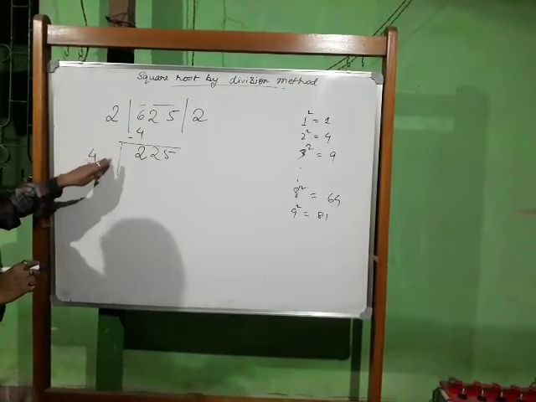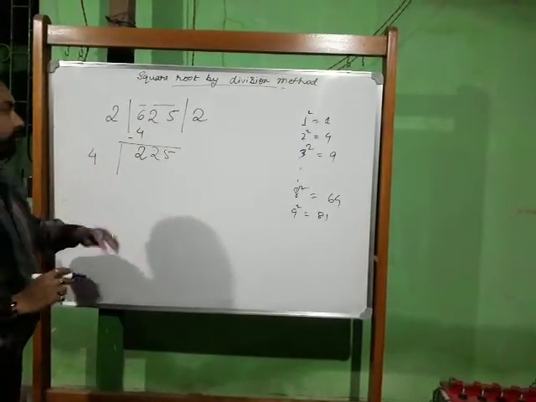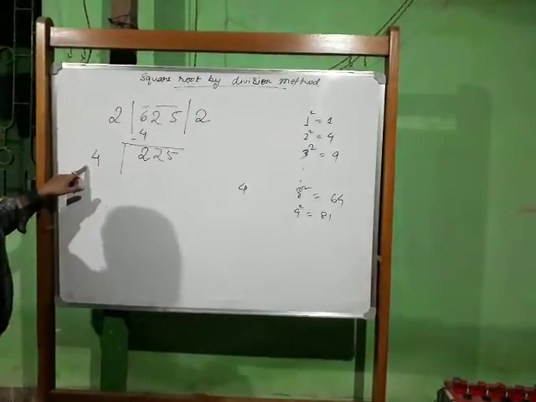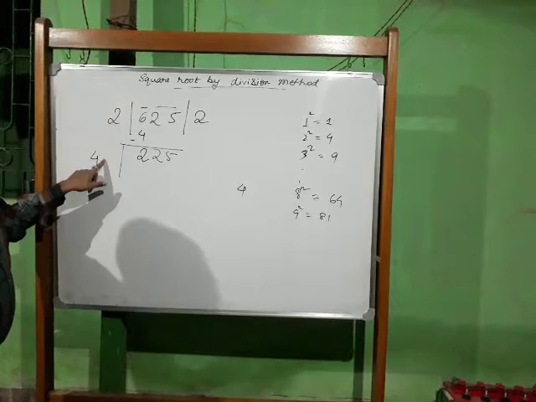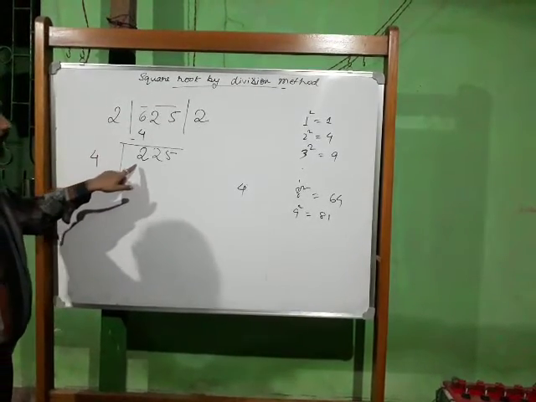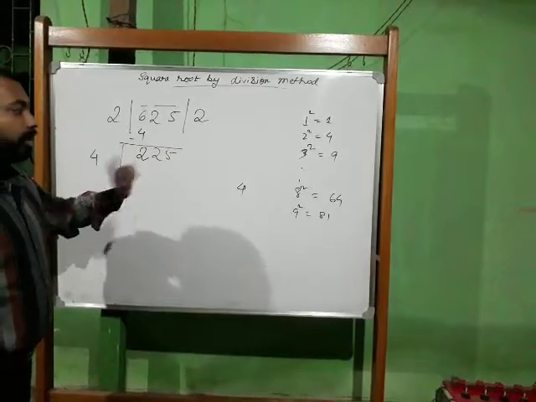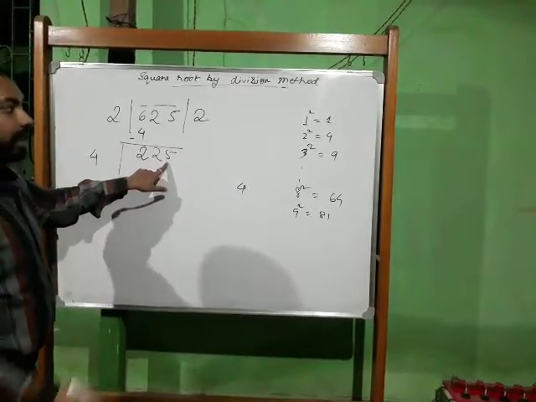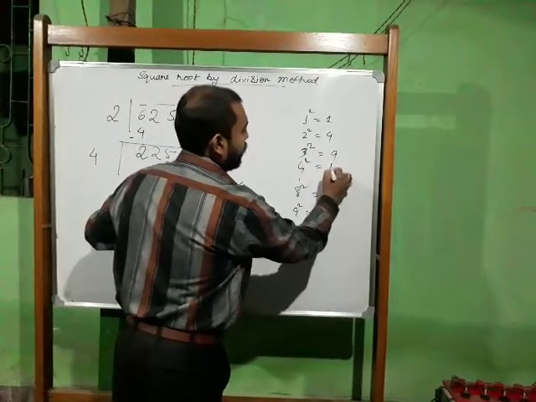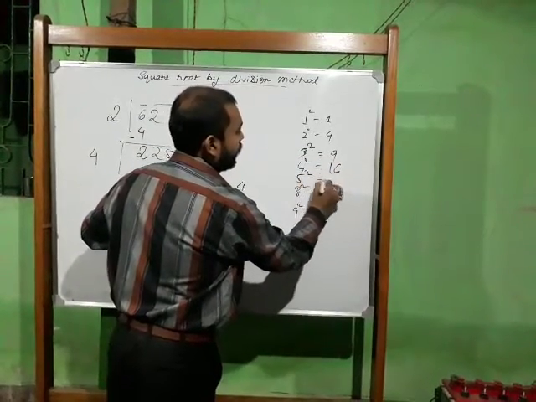Now this is the interesting part. We have written 4. Now you have to write a number which, multiplied with the same number, gives 225. The last digit is 5, and we know that 4 square is 16 and 5 square is 25.